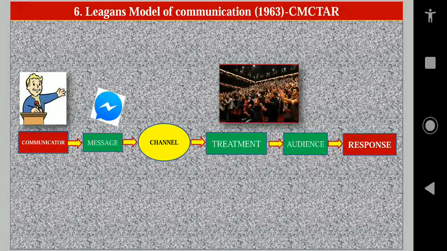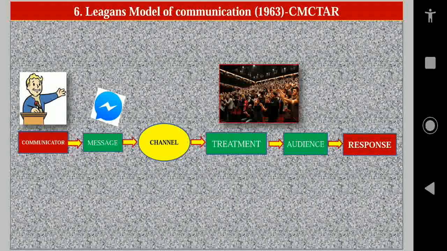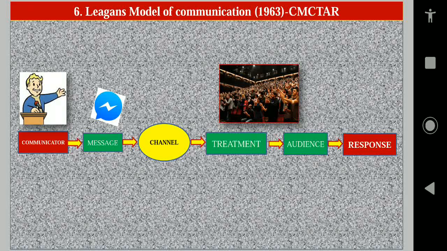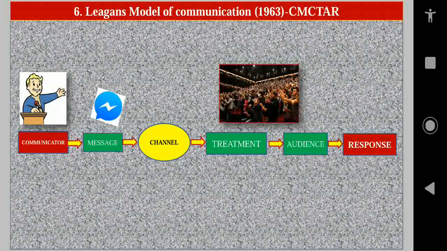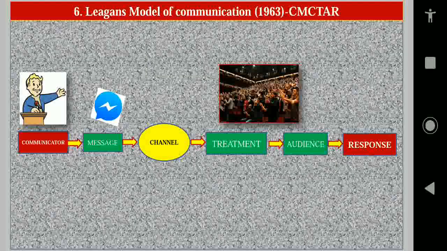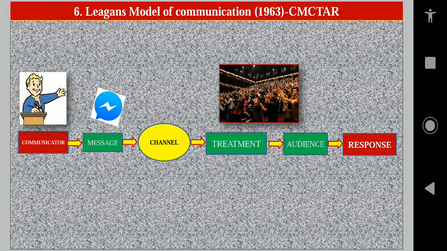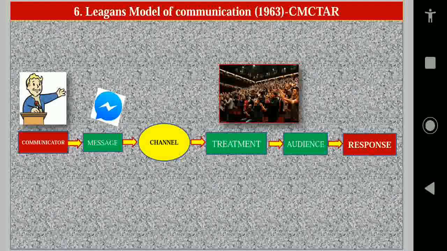Here it says the task of communication is to provide powerful incentives for change. Success at this task requires a thorough understanding of the six elements of communication. A skillful communicator sends a useful message through a proper channel, effectively treated, to an appropriate audience that responds as desired.